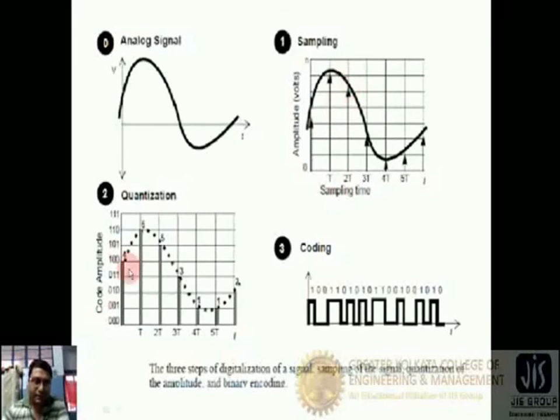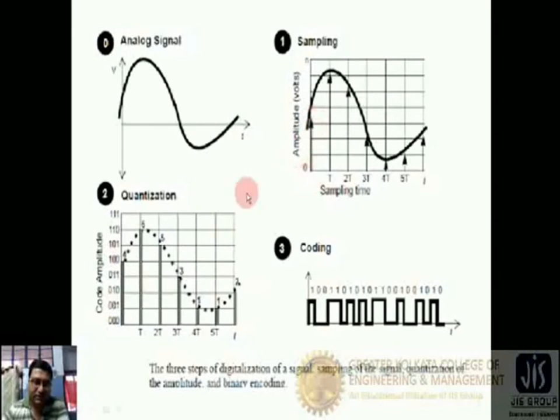Now these quantized levels are converted into codes. For the first sample, it is quantized in this level, and this is code 100, and this code is transmitted over a transmission line.